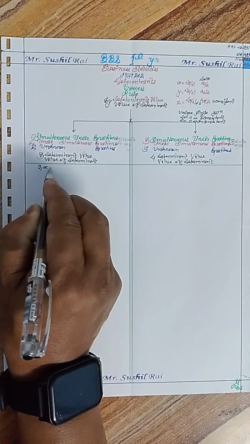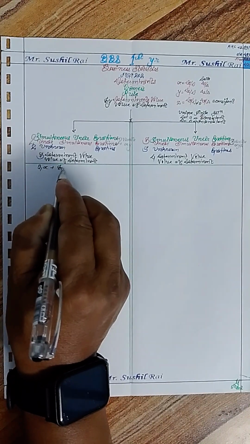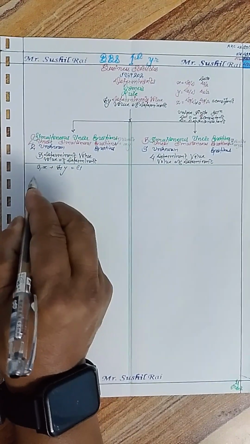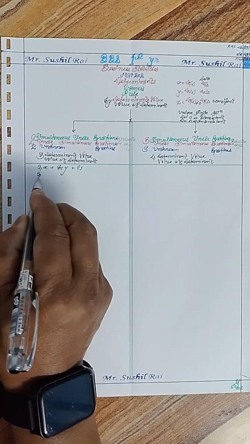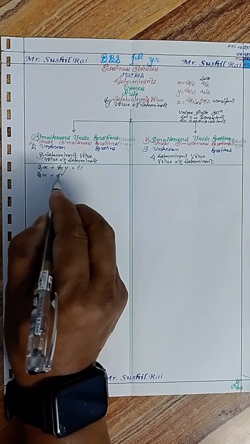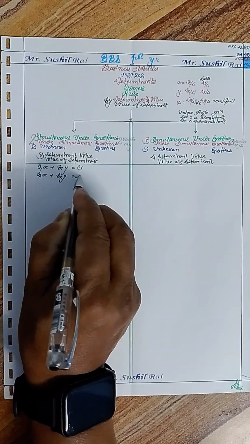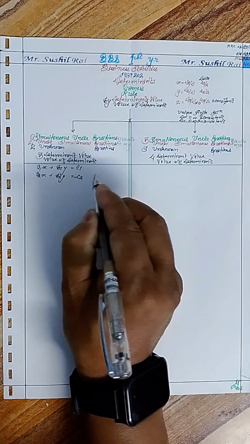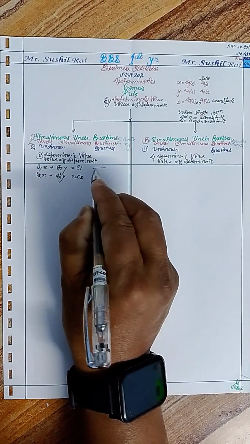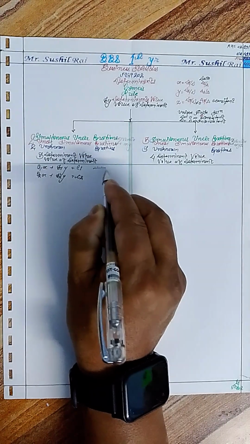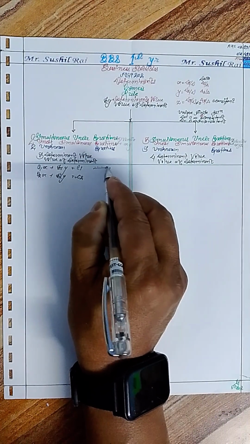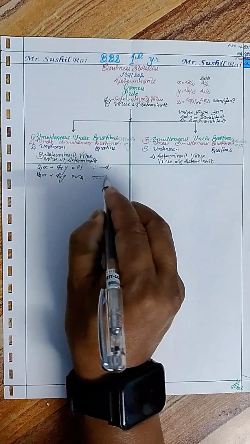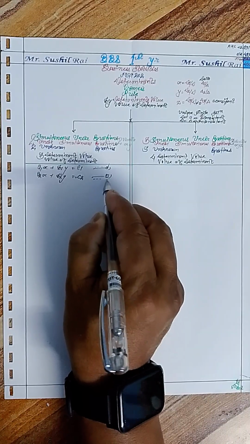a1 x plus b1 y equals c1, equation 1. a2 x plus b2 y equals c2, equation 2.